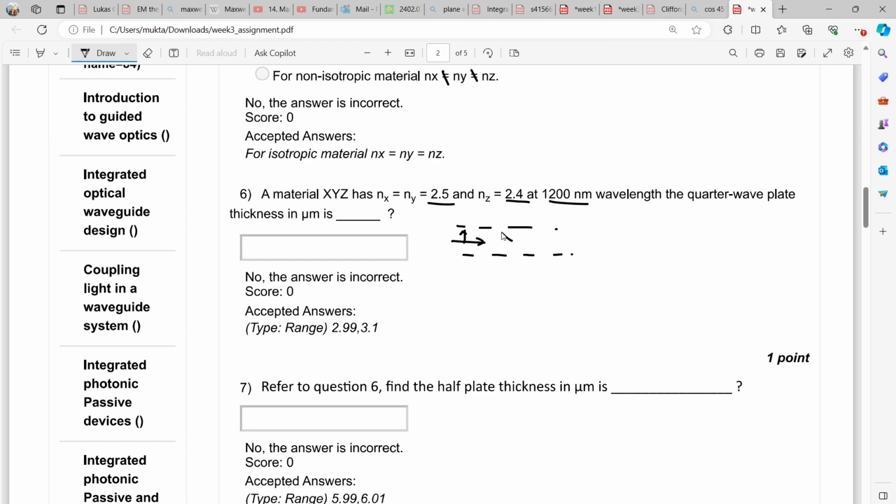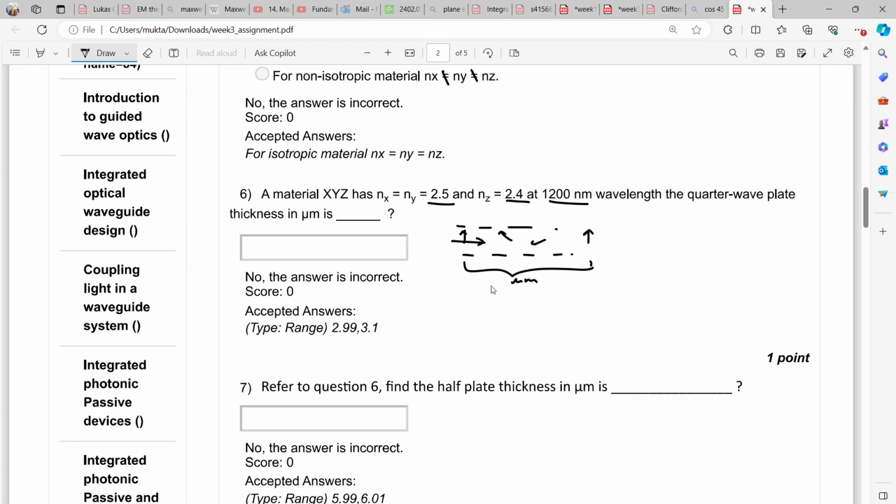So the polarization keeps on changing, and this change in polarization has a period. So it will periodically change the polarization and then come back to its original polarization after it has traveled a certain thickness.